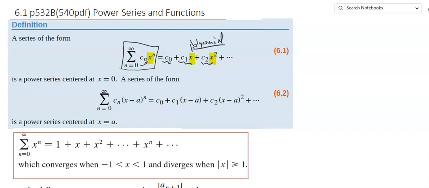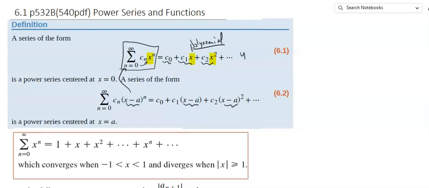So when we talk about domain in functions or relations, it's kind of like what we're going to do here, except we're going to figure out for what values of x this series converges, and we're going to call that kind of the domain. As long as x is between such and such values, we are safe to use the series, otherwise the series diverges.